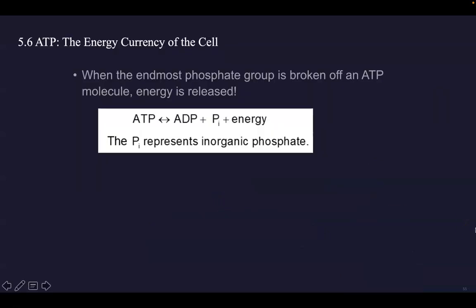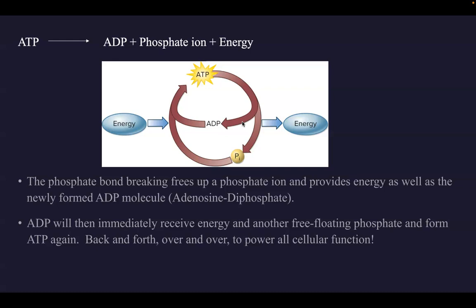When the endmost phosphate group is broken off an ATP molecule, energy is released. So you can see we've got ATP, we've broken a phosphate bond, so now we have ADP with 2 phosphates, and we've got an inorganic phosphate, a phosphate ion, and energy has been supplied.